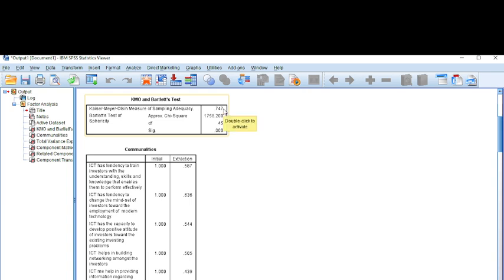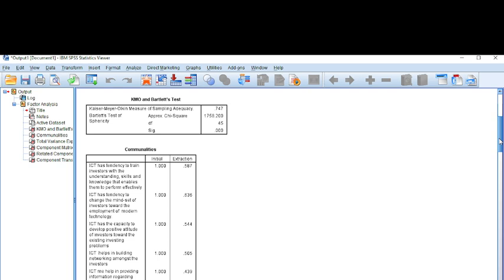It is more than 0.5, and the significance value is also less than 0.05, which shows there is a significant amount of correlation between the variables, sufficient for running factor analysis. So we've fulfilled the condition of collinearity, the correlation condition.